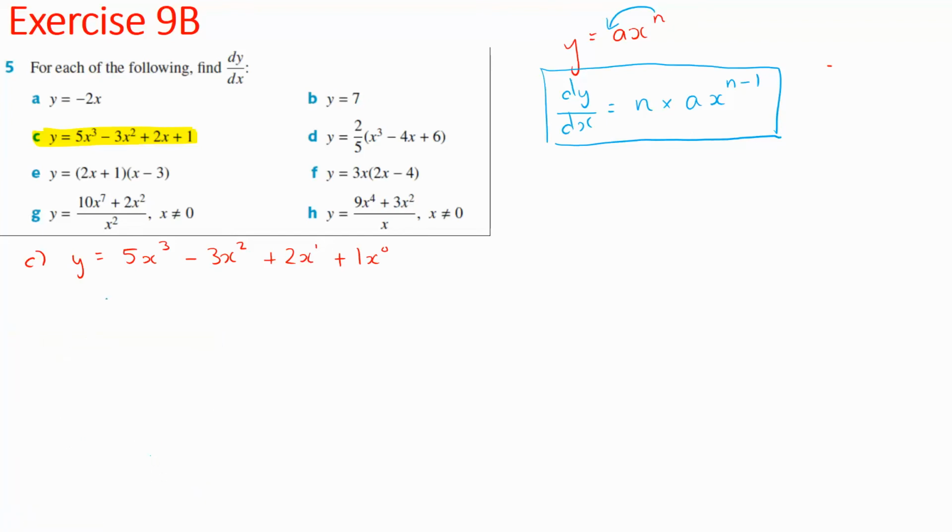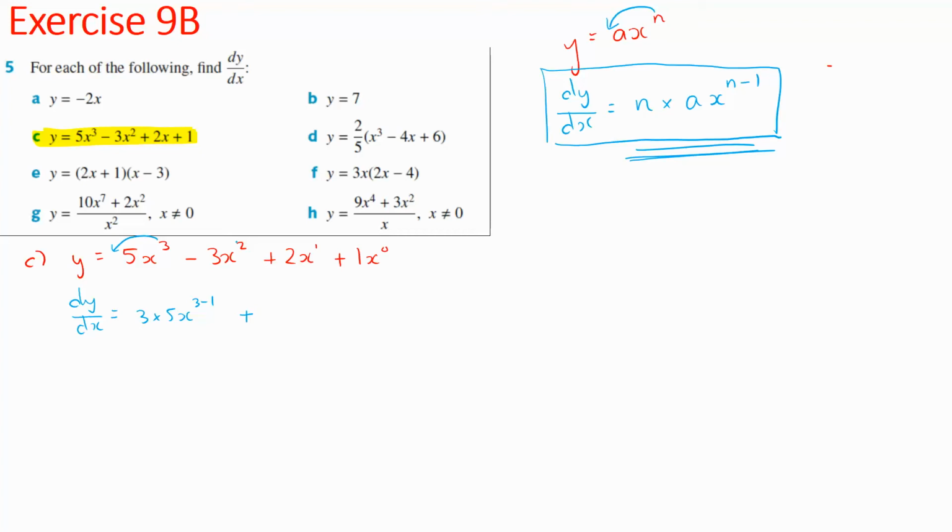Okay, so here we go. Same deal. dy/dx will equal, bring the power down, so that's 3 times 5x to the power 3 minus 1. You see how I'm just following the rule. Nothing new. Nothing crazy. And then same thing over here. I know that's a minus sign, but I'm just going to say plus, because the plus doesn't affect it.